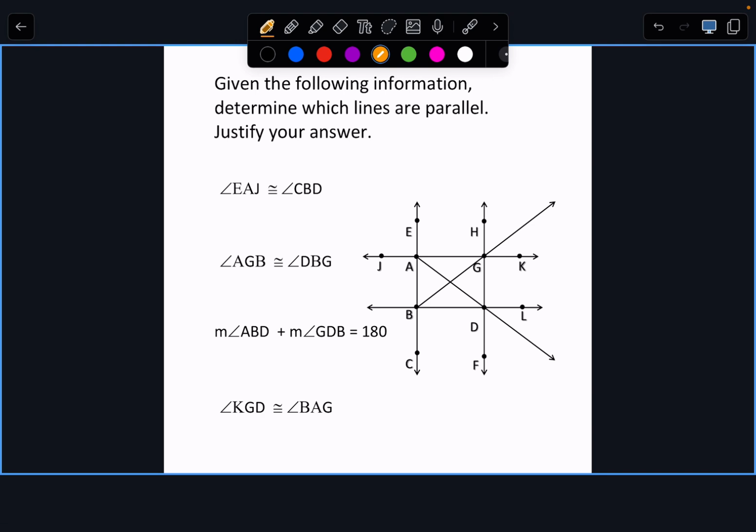Okay, I am going to give you 3 minutes for you and your elbow partner to look at, so there's 4 different things here.